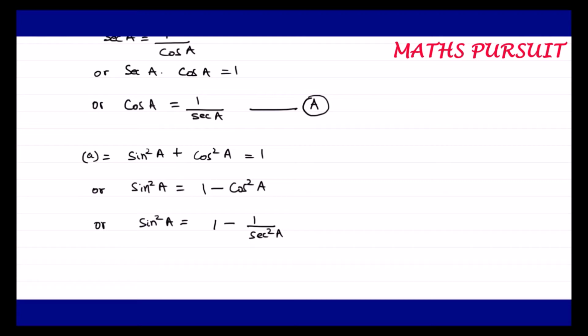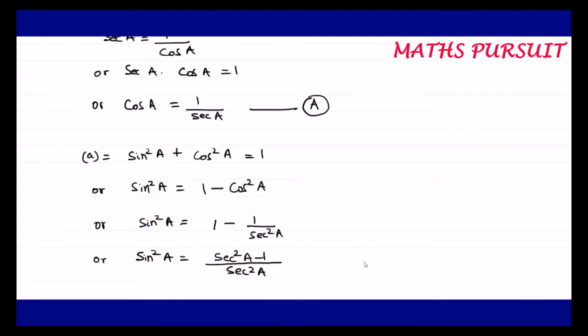We got cos A is equal to 1 upon sec A, just converting cos A into sec A. Solving this, sin square A is equal to sec square A minus 1 upon sec square A.